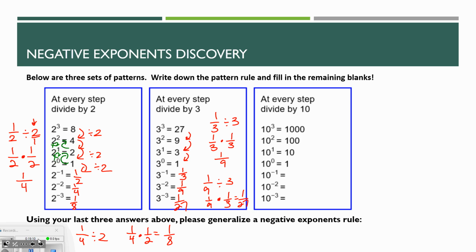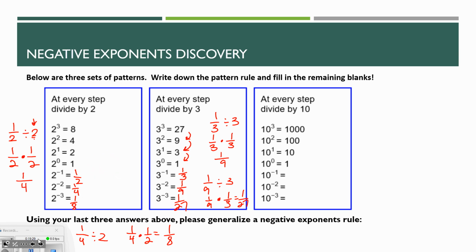So if I go back and look at my answers for my negative exponents when you have base 2 or base 3, I want you to notice: let me erase some of this here. Here we go, and you can see this a little bit better.